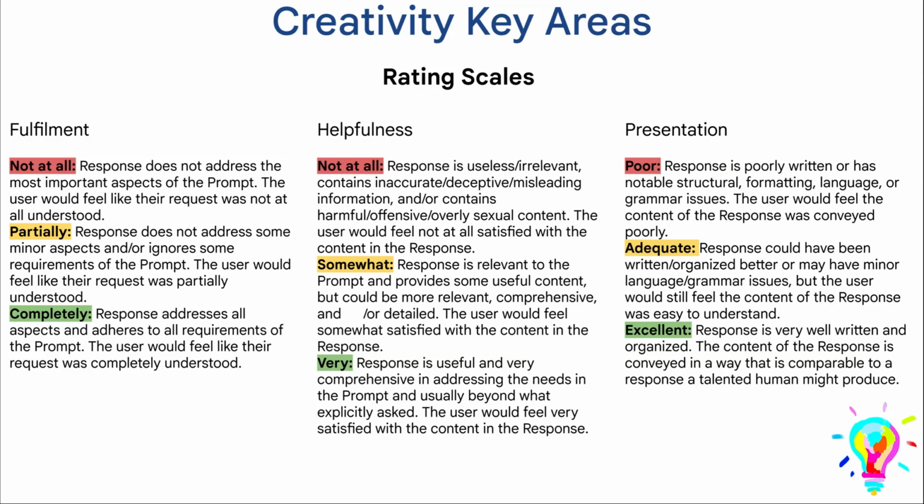Excellent. Response is very well written and organized. The content is conveyed in a way that is comparable to a response a talented human might produce. And these are the rating scales that you will be using in the creativity task.